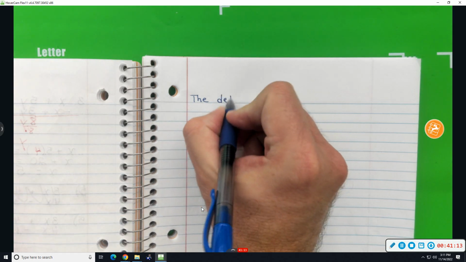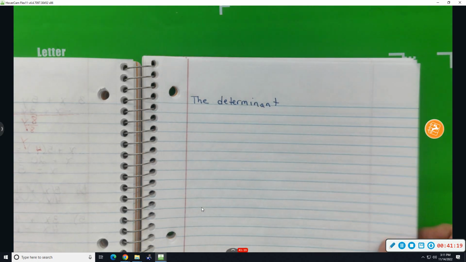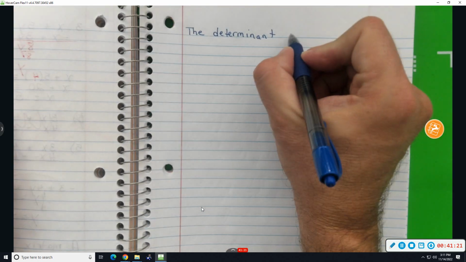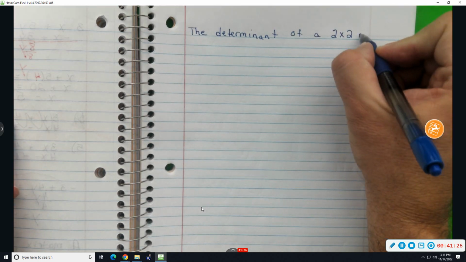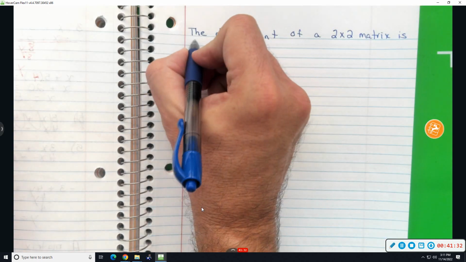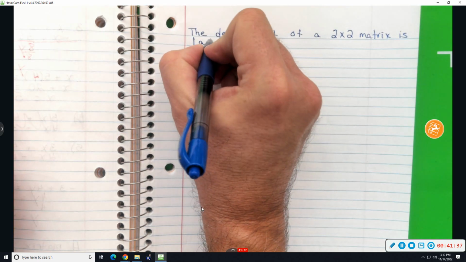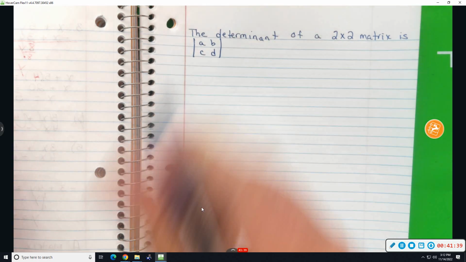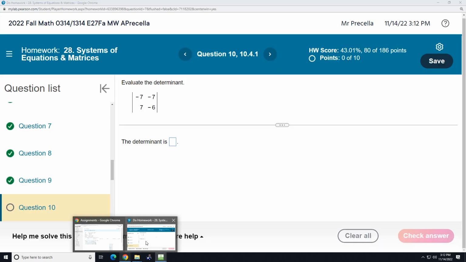The determinant of a 2 by 2 matrix is, if I have 2 rows and 2 columns, that means that there are 4 numbers in them altogether, sort of like the problem I just showed on the screen that we're about to do. There's 2 rows, 2 columns, 4 numbers altogether.